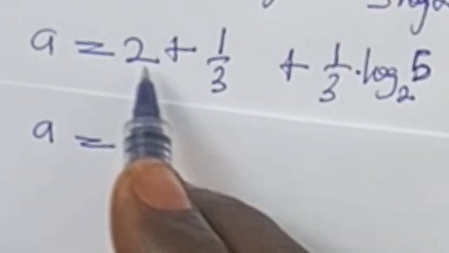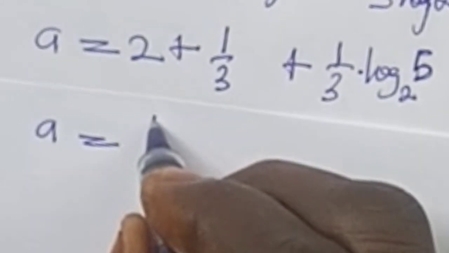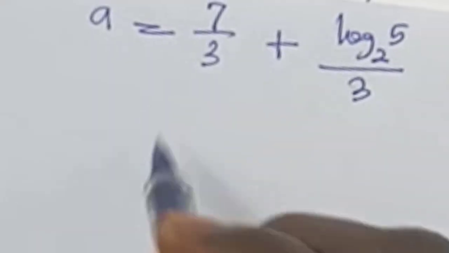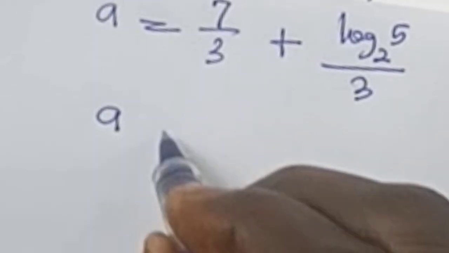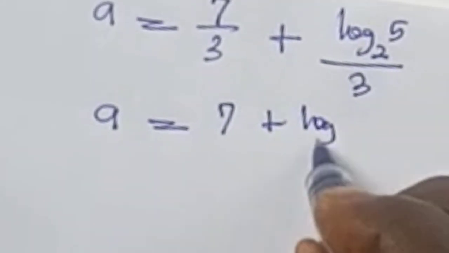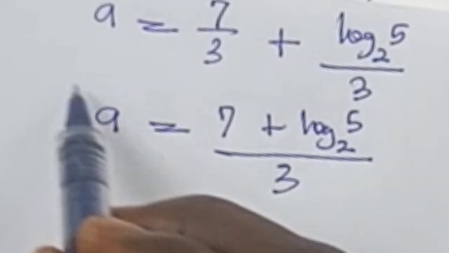So if we do this very well, we're going to have a equals, if you take the LCM of 2 plus 1 over 3, it will end up being 7 over 3 plus log 5 base 2, and this also over 3. And the final answer for a will be equal to 7 plus log 5 base 2 all over 3.